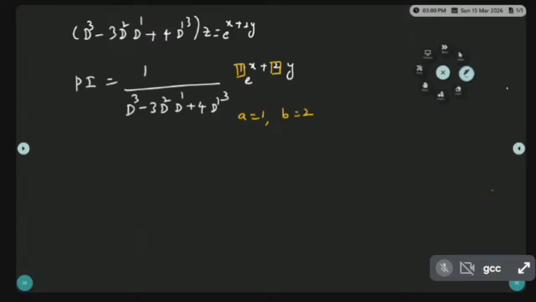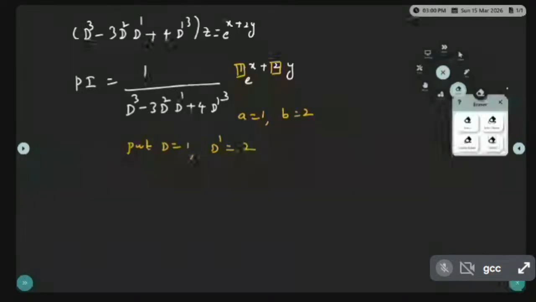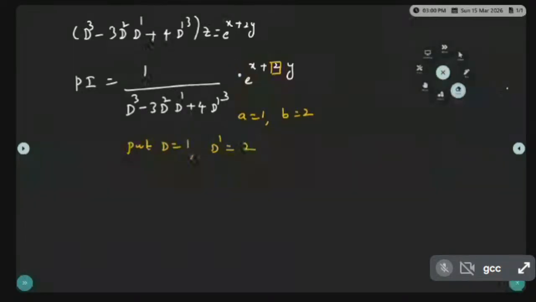Now put d equal to a, d dash equal to b. Simple.